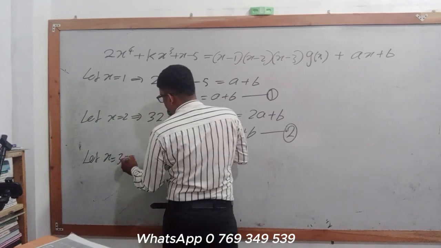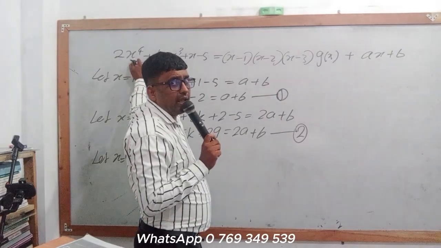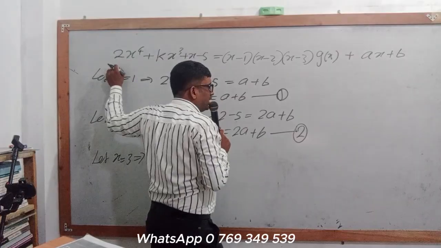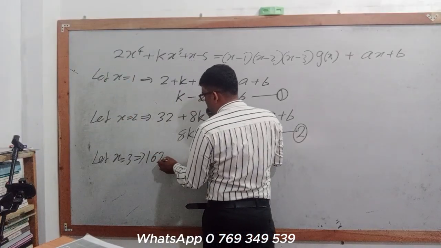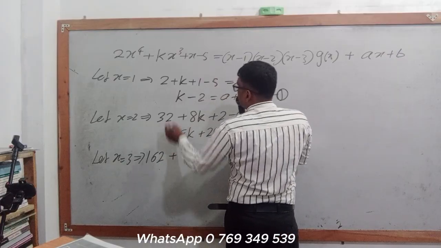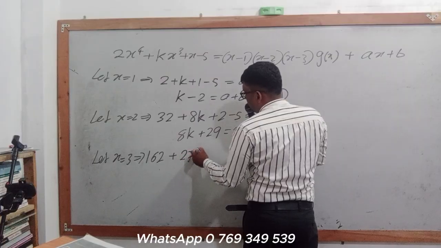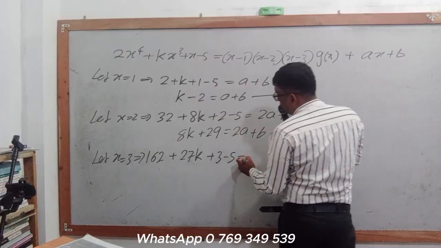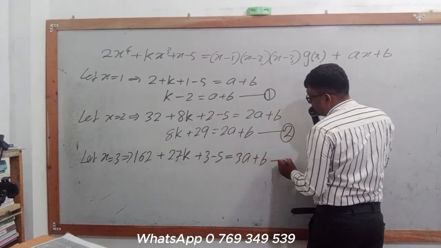Let x equal 3. 3 power of 4 is 81. 81 times 2 is 162. Here 27, 3 cubed is 27. 27k plus 3 minus 5 equals 3a plus b.